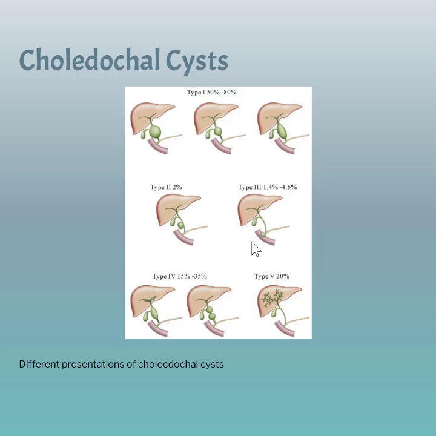Type 3 was a choledochocele, so we have a bubble of duct that expands into the duodenum. Type 4 were intra or extrahepatic dilations. And then type 5, Caroli's disease, the very rare one, we see little dilations or cystic spaces within the liver.